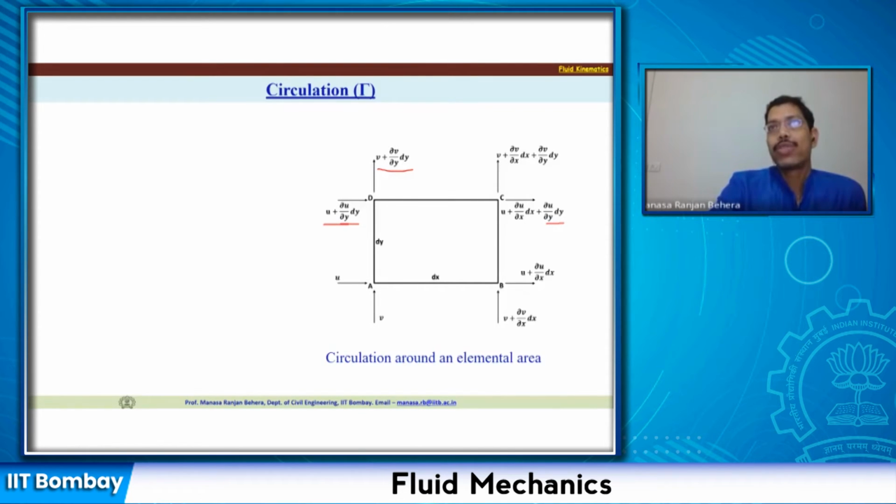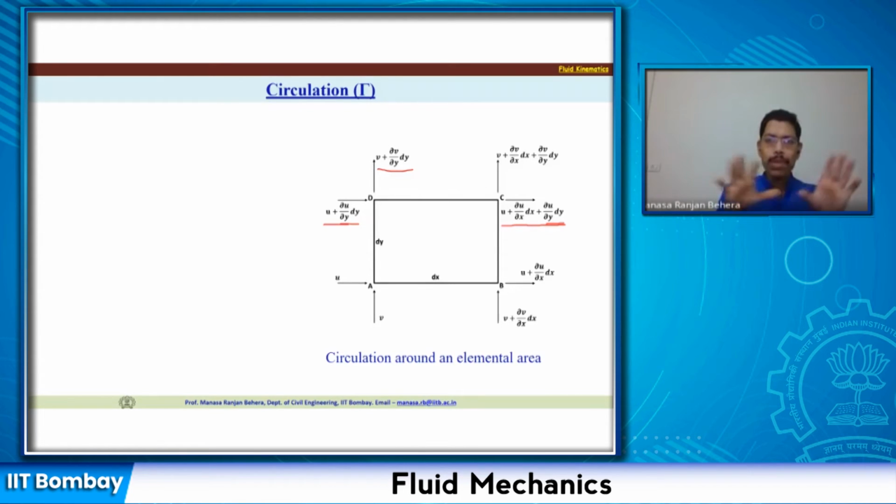So the total velocity is going to be u plus ∂u/∂x dx plus ∂u/∂y dy. Similarly, for the velocity v, the change is going to happen again in both x and y directions, so the new velocity is going to be v plus ∂v/∂x dx plus ∂v/∂y dy.